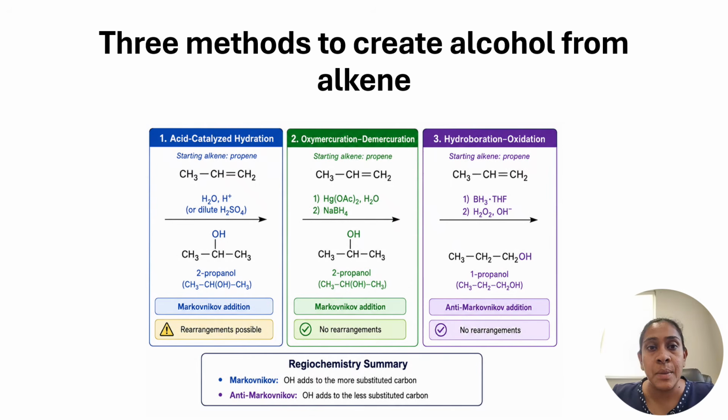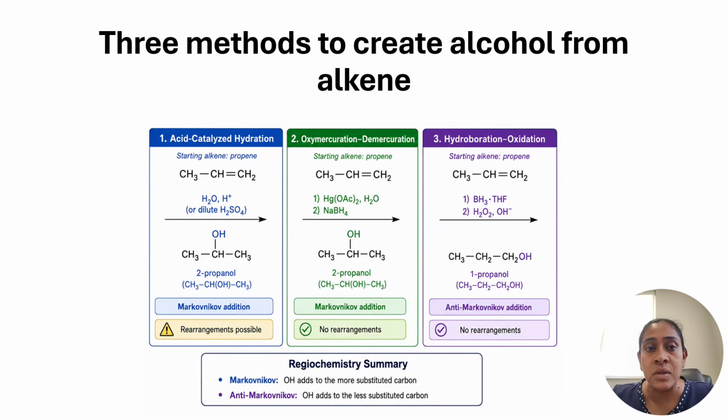This slide summarizes three common methods for converting an alkene into an alcohol and compares their regiochemistry. The first method is acid-catalyzed hydration. In this reaction, an alkene reacts with water in the presence of an acid, such as dilute sulfuric acid or phosphoric acid.